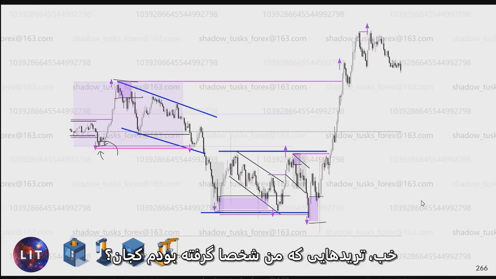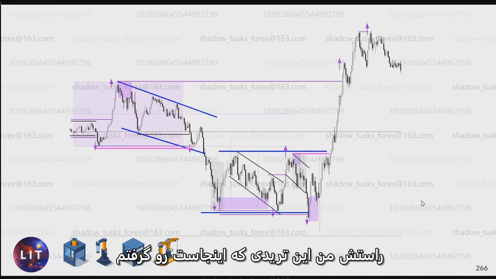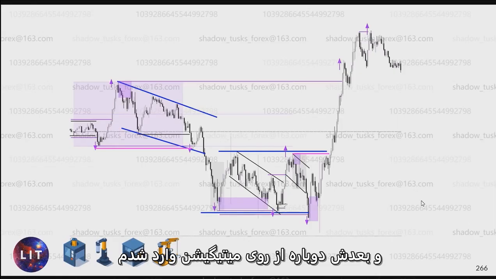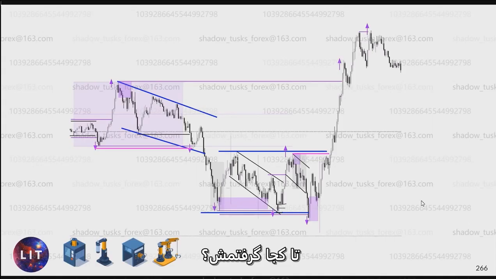So where were the trades that I personally took? Well, I took this right here straight off the inducement, and then I got in again off the mitigation. I took that to right here. And then I took this sell, I think like this and down to here.